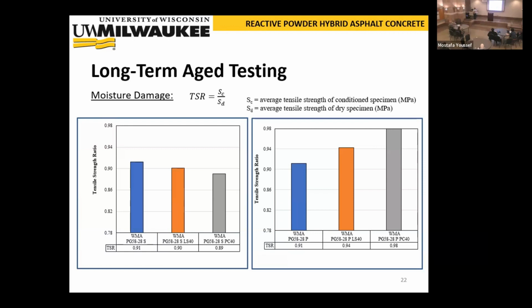For these warm mix asphalt mixes, with limestone and Portland cement, they are all passing. However, what is not shown here, and I couldn't get the results in time, is that the strength values we are dividing over each other for the Portland cement were way higher. The conditioned samples' strength is way higher than the unconditioned strength of samples without cement.